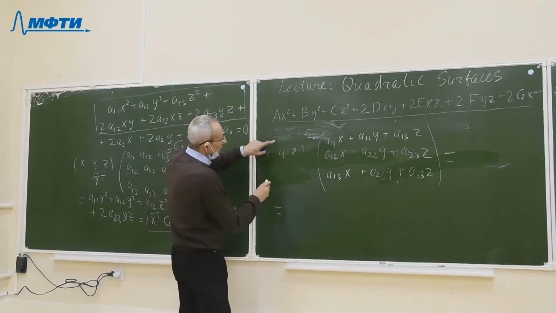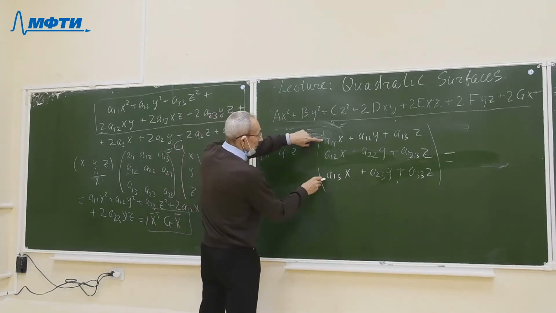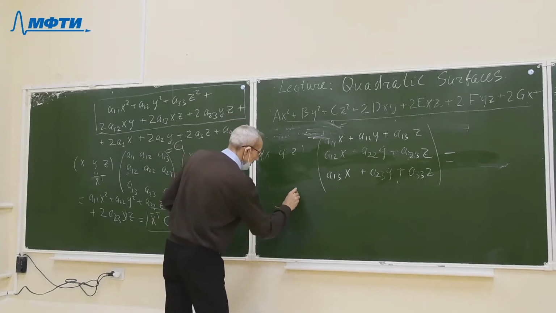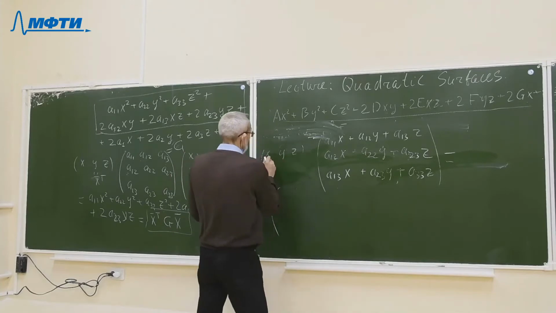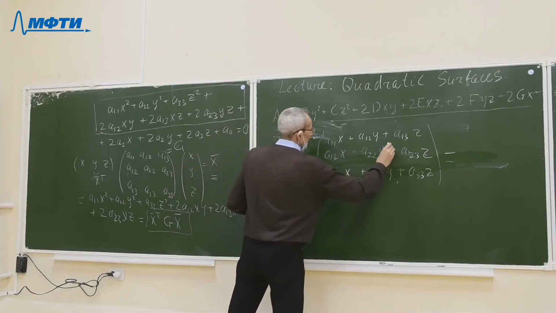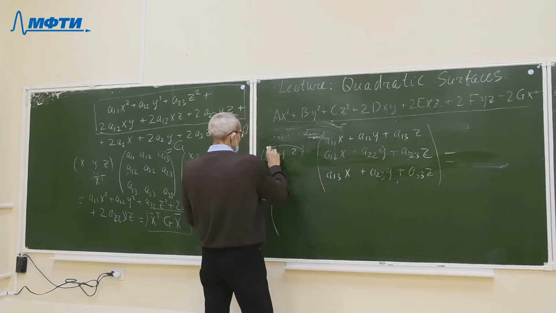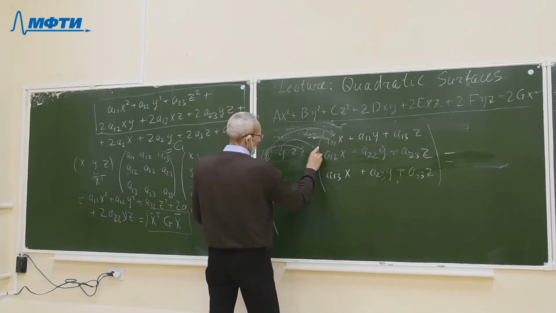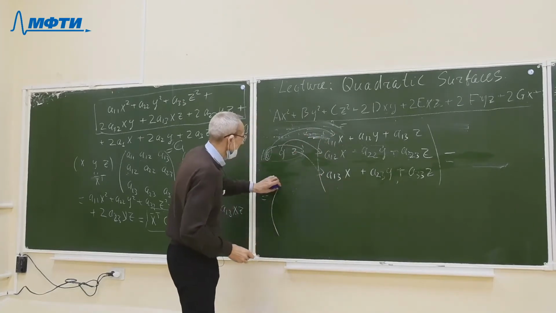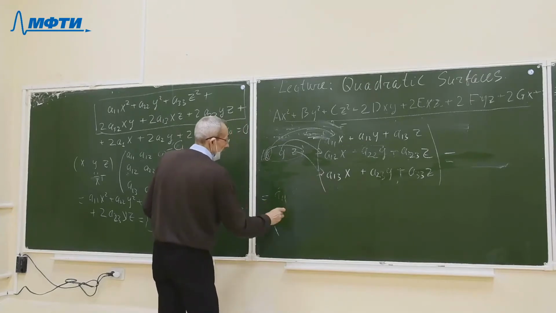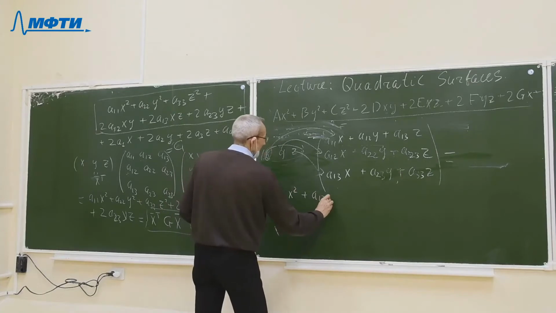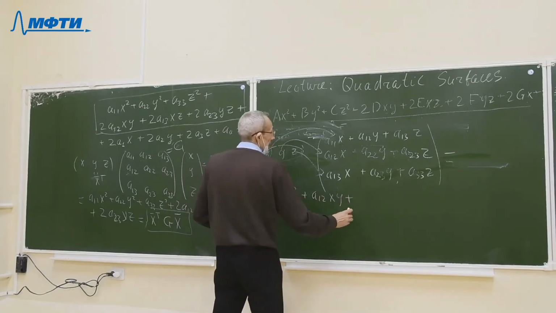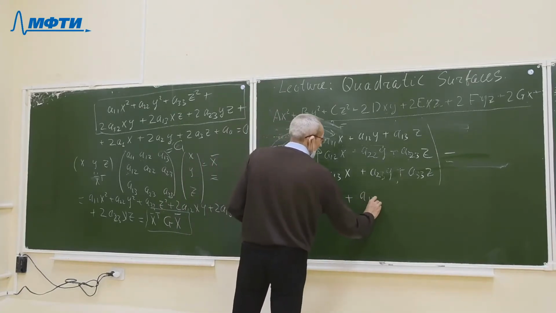And we multiply these vectors by these, and we obtain the following sum: a11x squared plus a12xy plus a13xz.